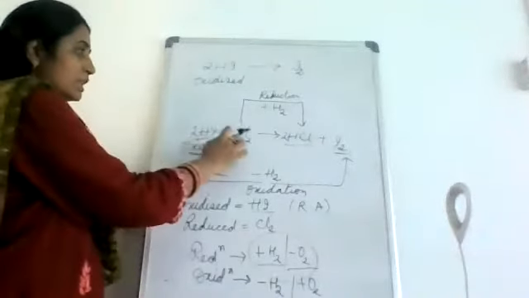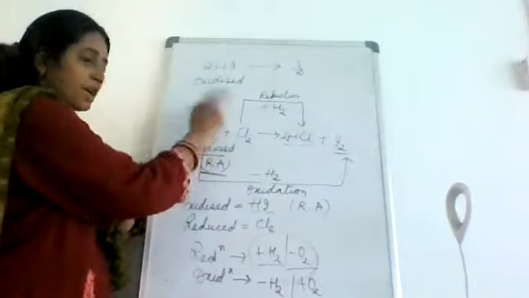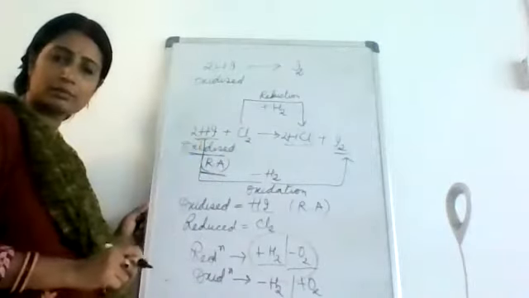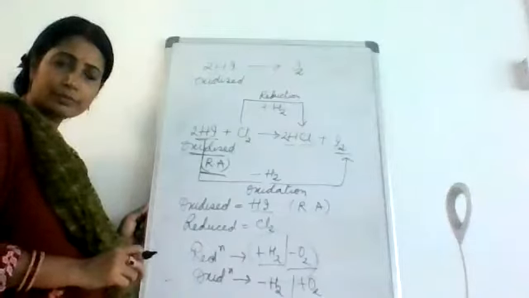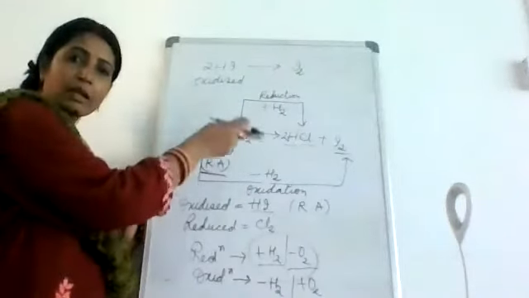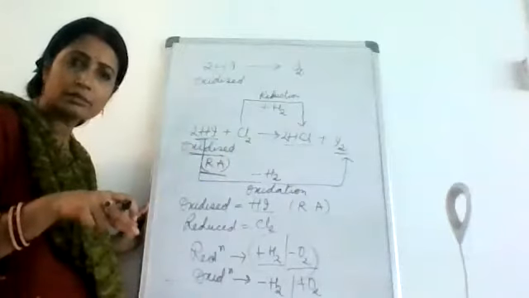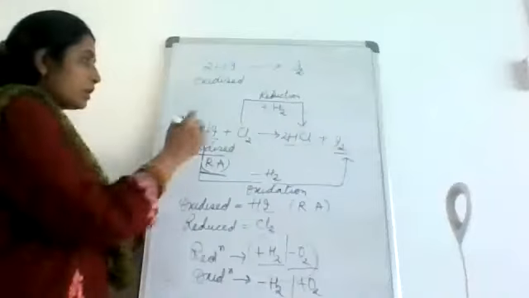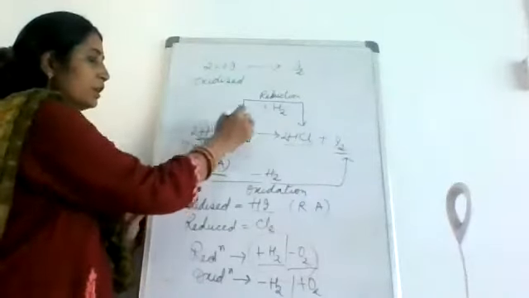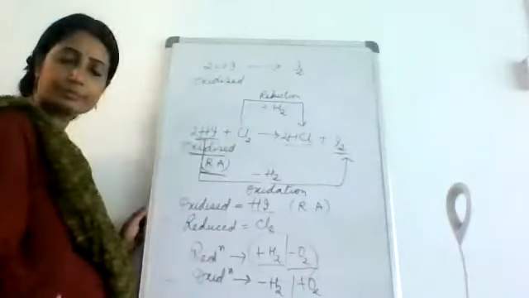So the other one is gaining hydrogen. And this one is giving hydrogen to the other, and by giving it, it is reducing the other. Isn't it? This hydrogen iodide is reducing what? Chlorine.